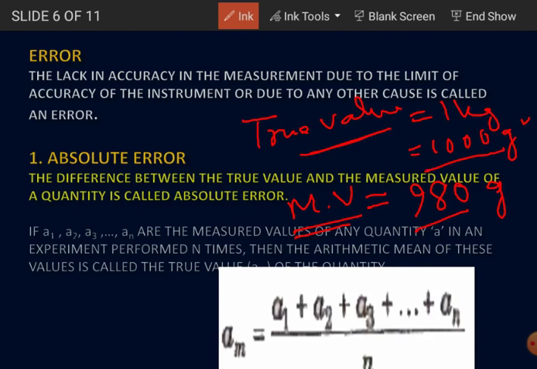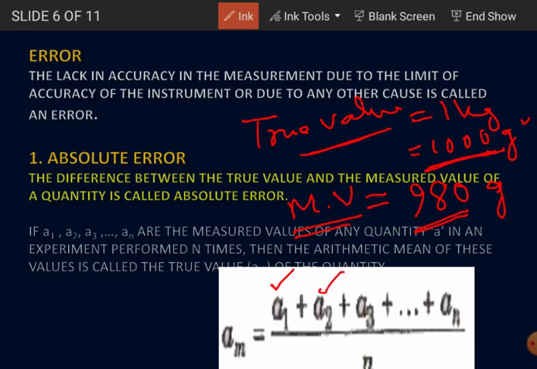Larger value here means the true value. The difference of true value and measured value is 1000 minus 980, that means 20. So your absolute error in the first measurement will be 20 gram. Suppose in the second measurement, let's take it for the second measurement, which is denoted by A2.